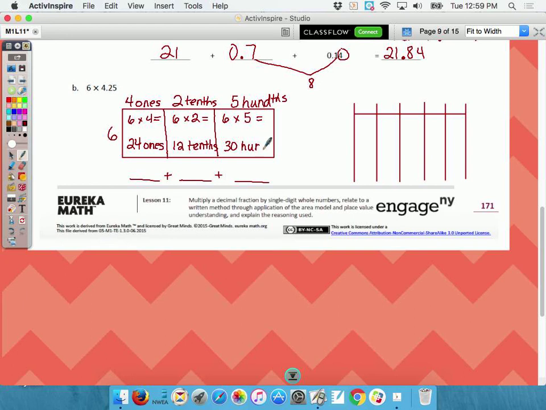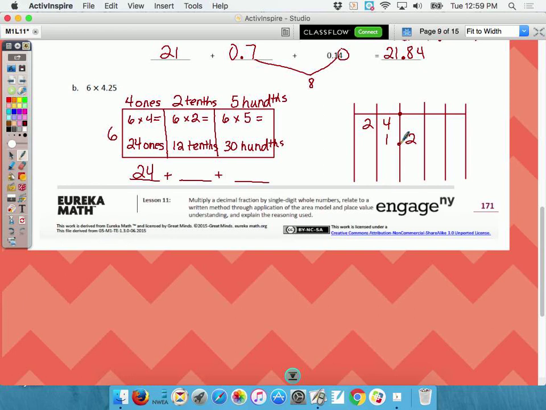Okay, now as we write this in standard form, we're going to be very careful about the placement of the decimal. So take a look at this. 24 ones, I know, is just written as 24. 12 tenths. Now let's just say I'm going to put 12 tenths on the place value chart. The last digit I write is going to be in the tenths place.